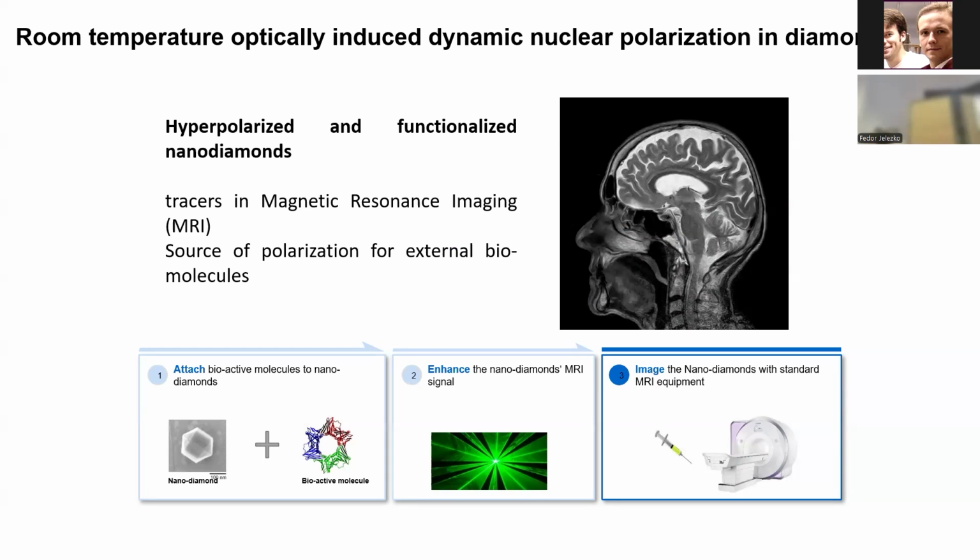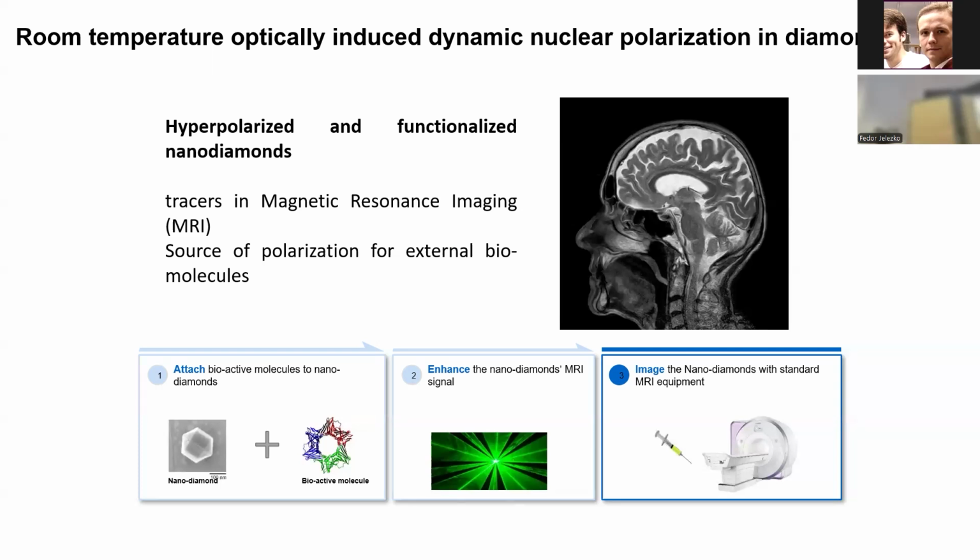These nanodiamonds should have NV centers in them. One irradiates them with light, so the electrons of NV centers get polarized, we can transfer polarization to carbon-13 nuclear spin in nanodiamonds, and then inject these nanodiamonds inside the body and image them in an MRI scanner. In this case, nanodiamonds will be used as tracers in MRI.